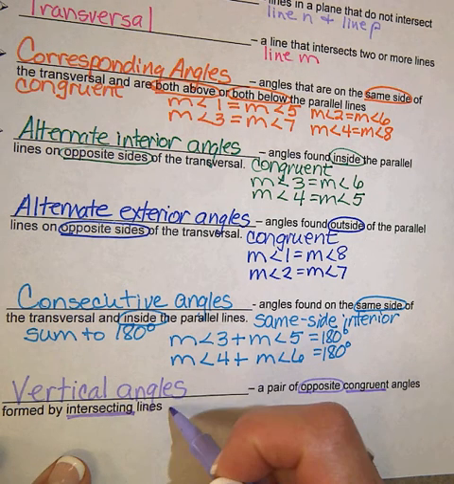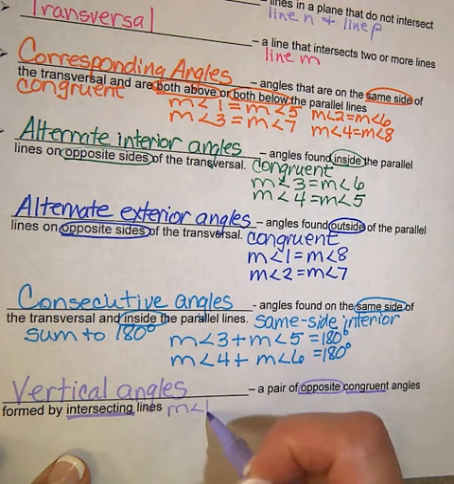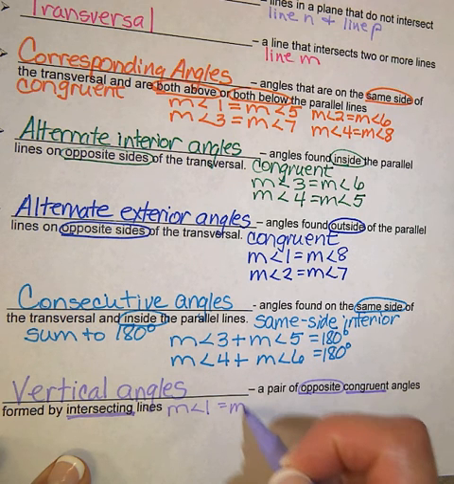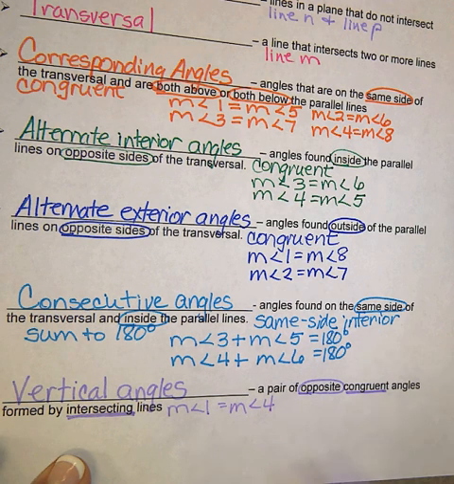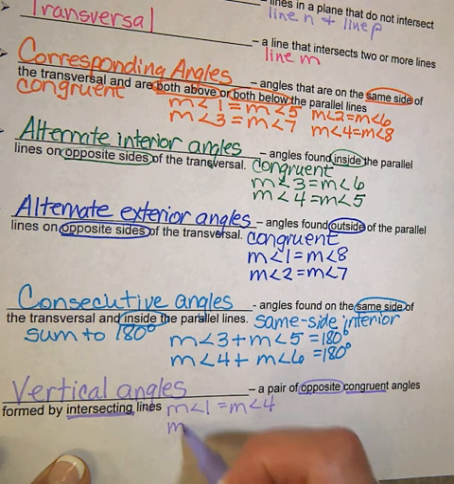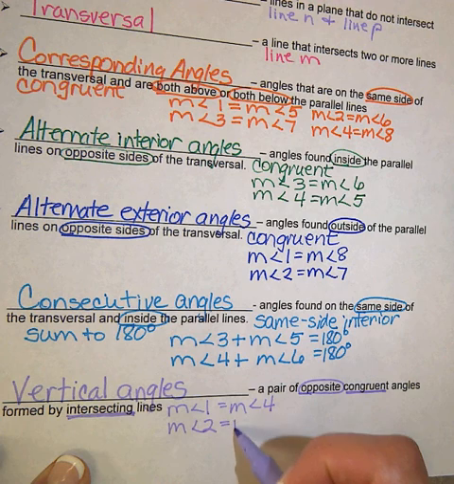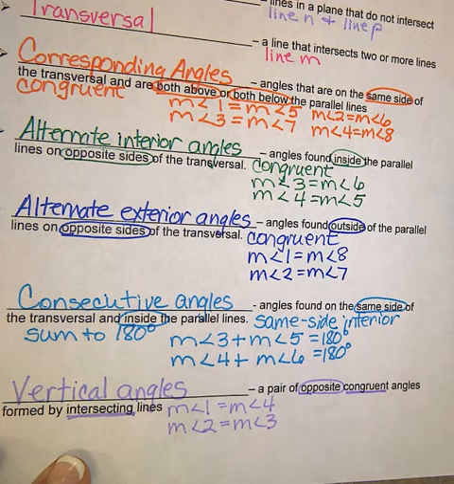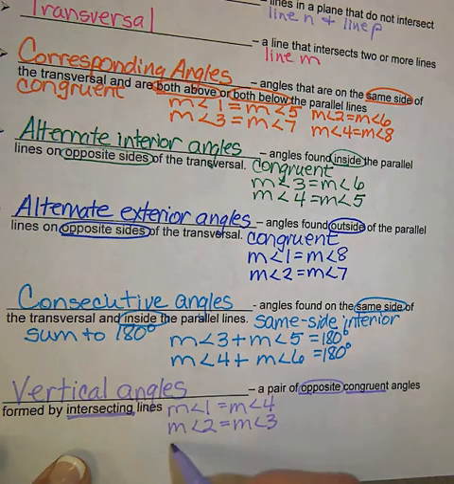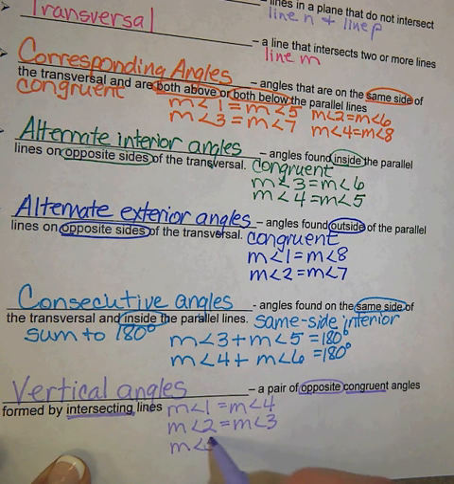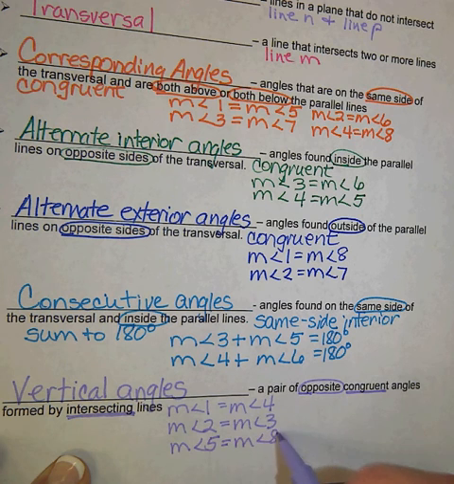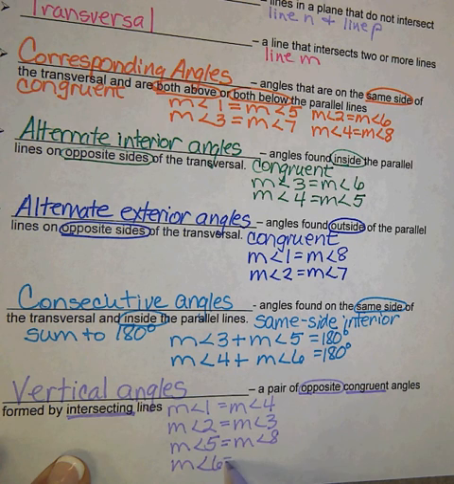So we can say here that the measure of angle 1 is equal to the measure of angle 4. The measure of angle 2 is equal to the measure of angle 3. The measure of angle 5 is equal to the measure of angle 8, and the measure of angle 6 is equal to the measure of angle 7.